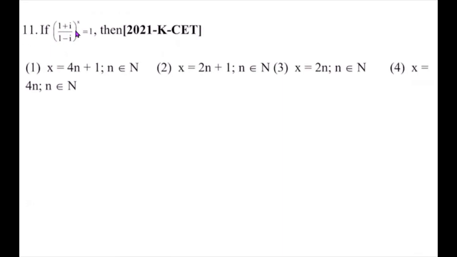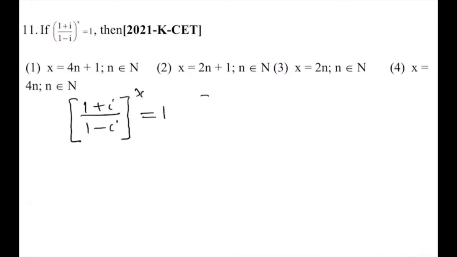Eleventh one, if 1 plus i upon 1 minus i whole power x equal to 1, then x satisfies the equation x equal to 4n plus 1 or 2n plus 1 or 2n or 4n. It's given that 1 plus i upon 1 minus i whole power x equal to 1.